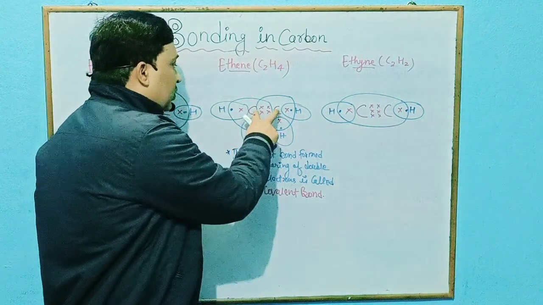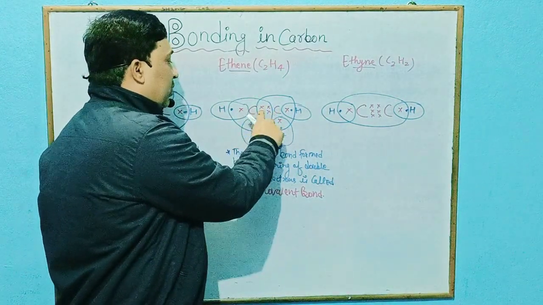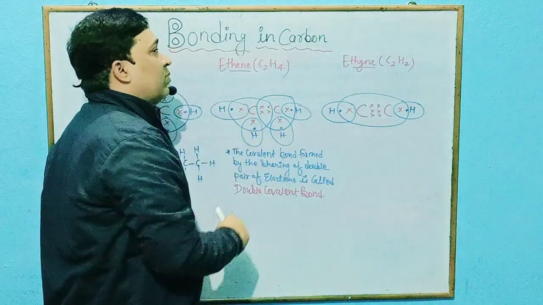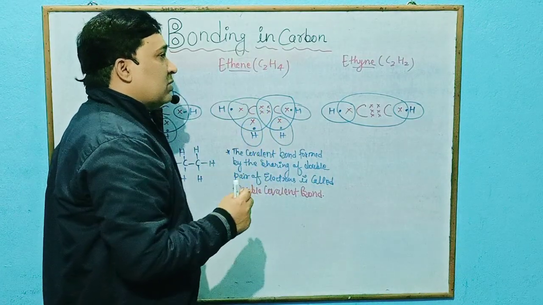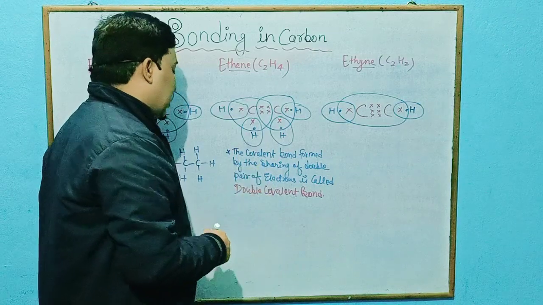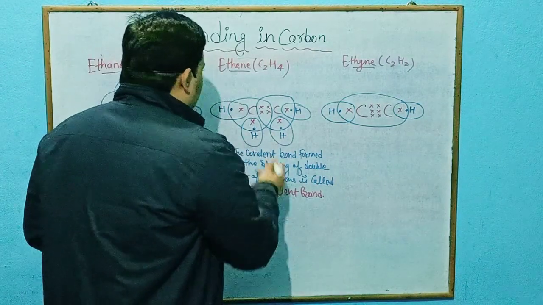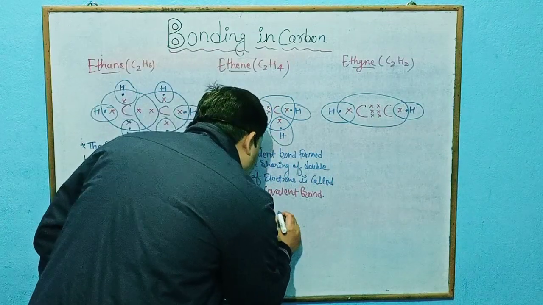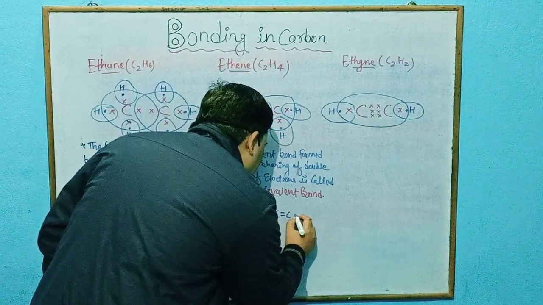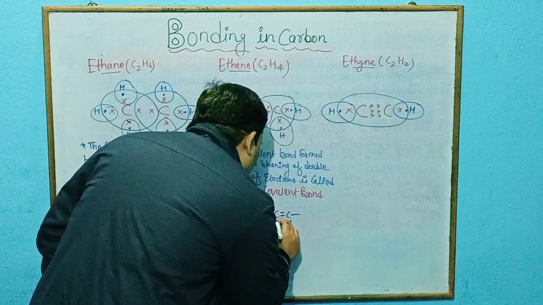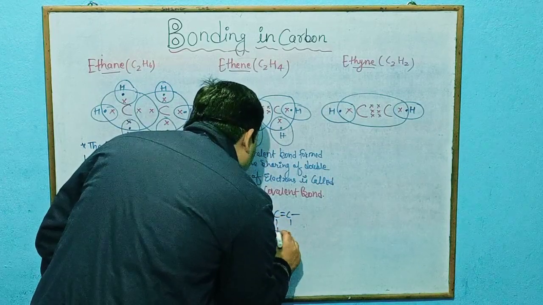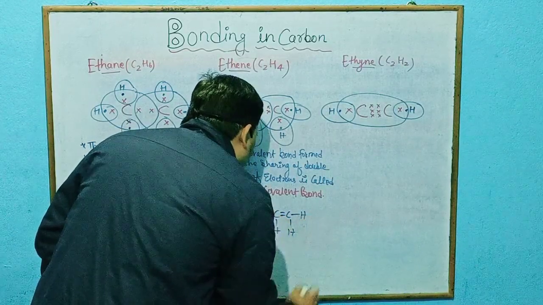But when we consider two atoms of carbon, we see that a double pair of electrons is shared between them. It means two electrons from each, that is a total of four electrons. So this kind of bond is called a double covalent bond. So in ethene, carbons are bonded by the double covalent bond and hydrogen by single covalent bond.